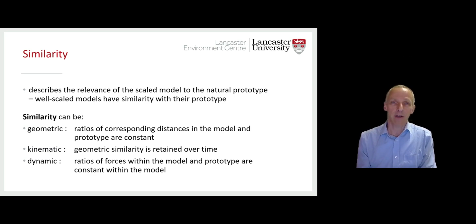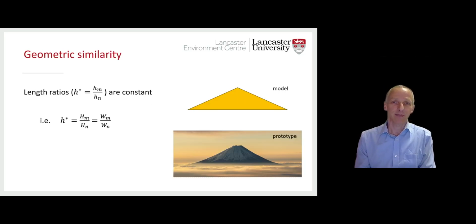So let's return now to the more straightforward geometric similarity. For an easy visual example of geometric similarity, consider that we would like to make an analog model of a volcano using sand in order to study edifice deformation. Now, we're not trying to represent the full volcanic system here, but just the edifice that rises above a flatter surrounding topography.